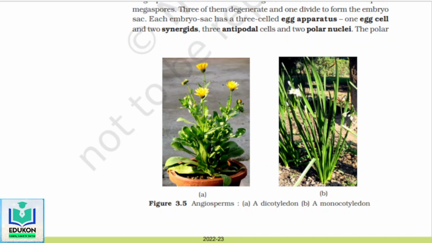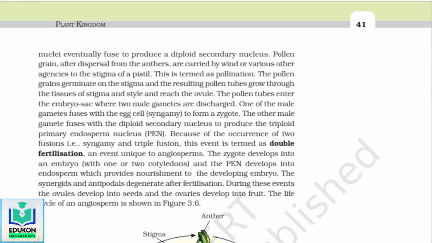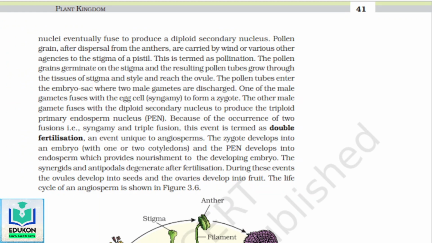A is a dicotyledonous plant, and B is a monocotyledon. The polar nuclei eventually fuse to produce a diploid secondary nucleus.